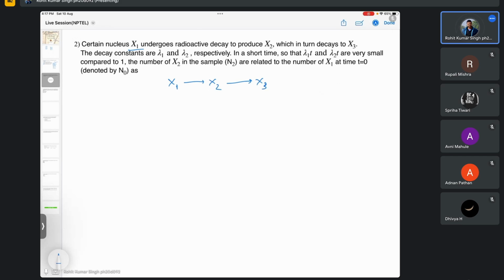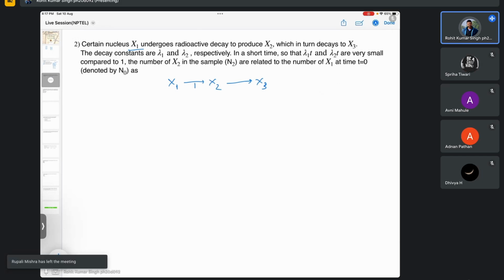The decay constants are lambda 1 and lambda 2. Now, in a short time, so that lambda 1 t and lambda 2 t are very small, less than 1.